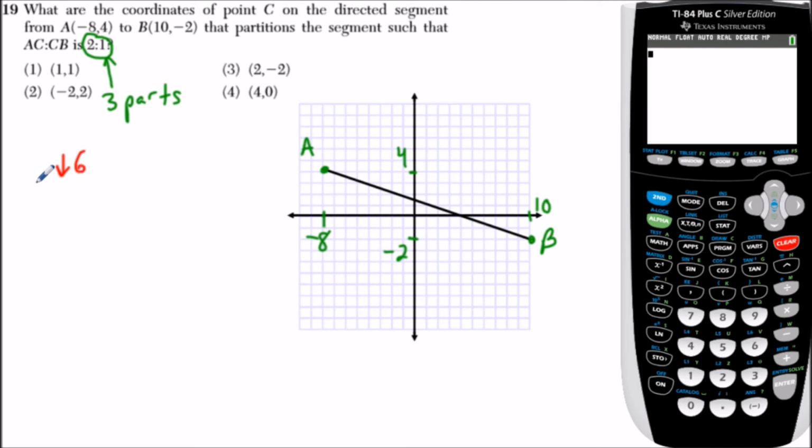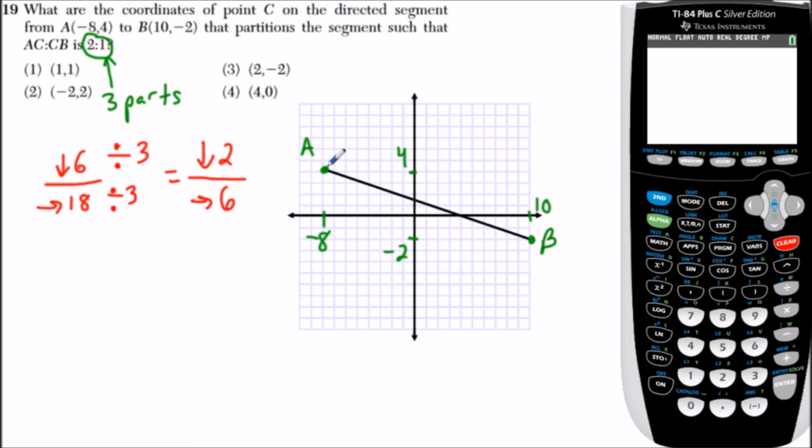Whoops, there goes all of it. So down 6 and over 18. If I want to break this into 3 parts, I'm going to divide this by 3. The simplified version of this would be to go down 2, over 6. This is not the completely simplified version, but it's the one that we need for this question.